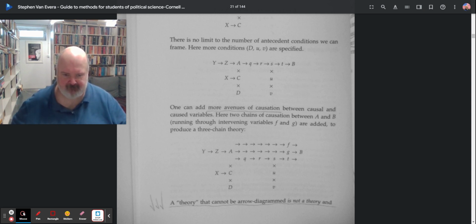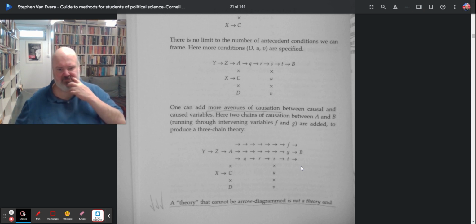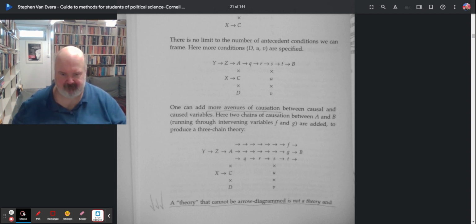Here, two chains of causation between A and B, running through the intervening variables. F and G are added to produce a third chain theory. So, this is a mess.